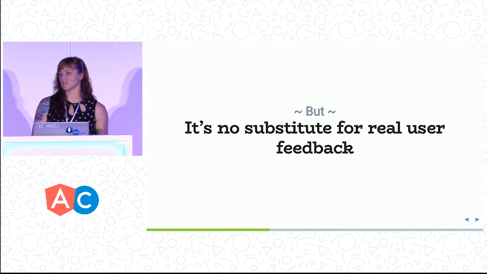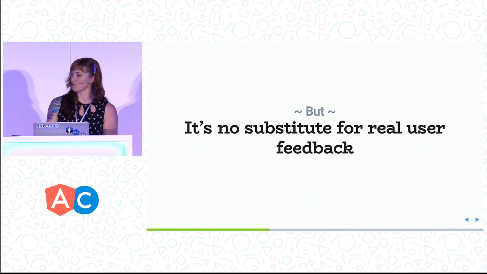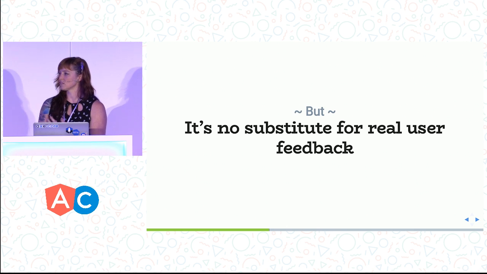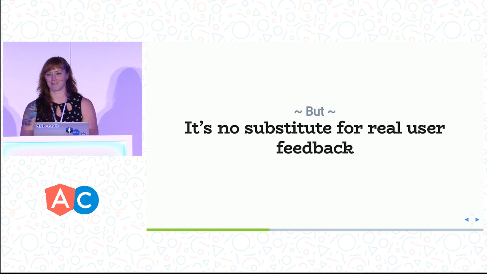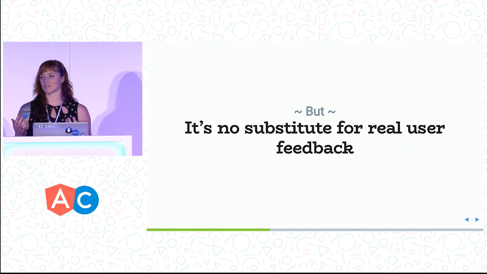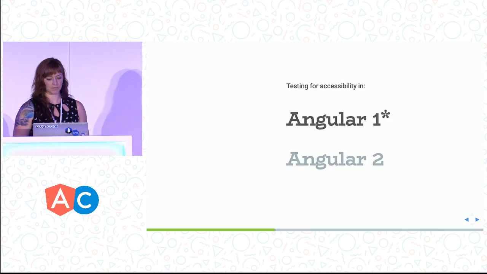The automated tests are something to prevent broken code from going out the door, but you still need to have real humans using your application to make sure that even if it's compliant or accessible, technically, that it's usable, because that's your last line of defense.